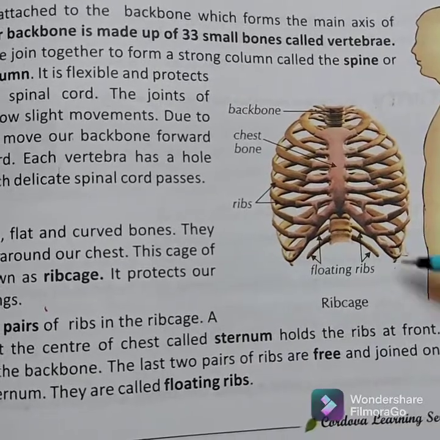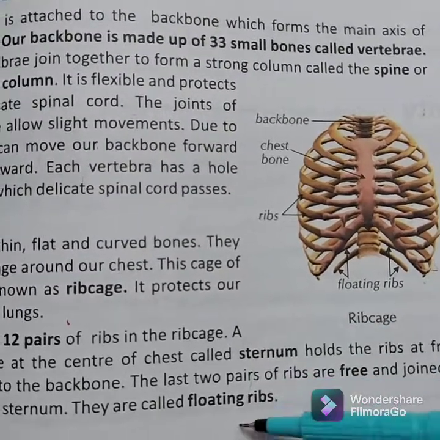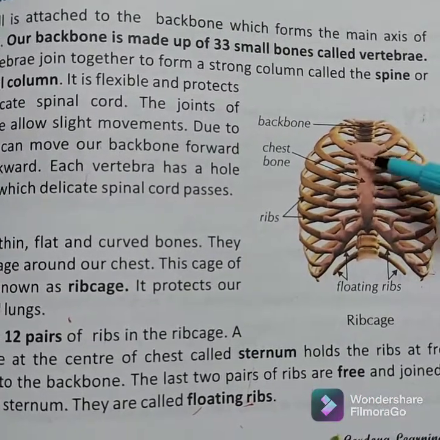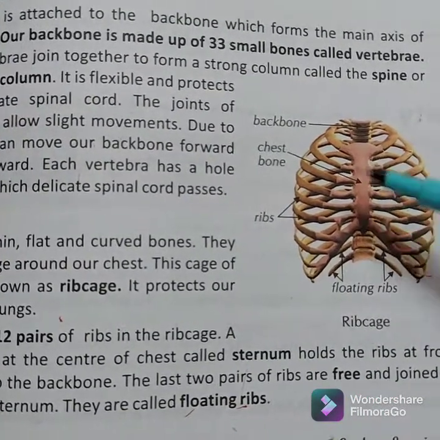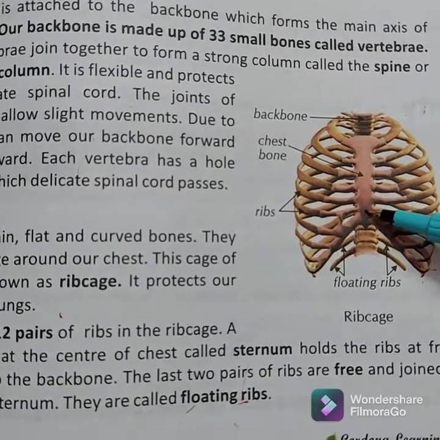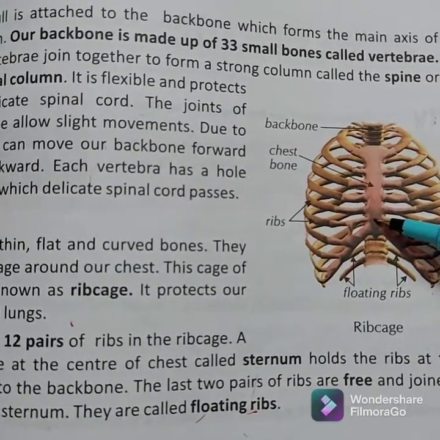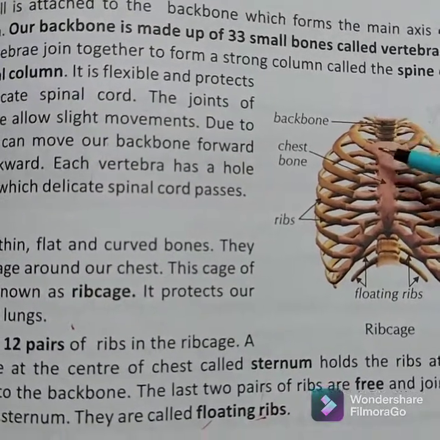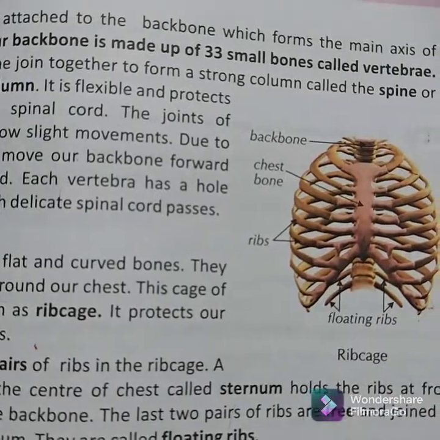Out of these, the last two pairs are known as floating ribs because they are not attached to the breastbone or sternum. The rest of the ribs are attached to this middle segment, which is known as the sternum or the breastbone. At the back, they are attached to the spine.